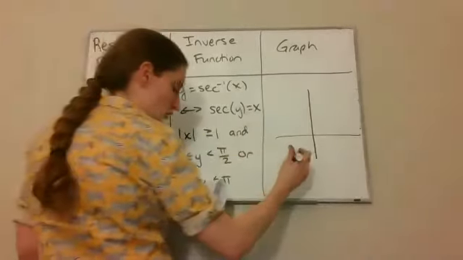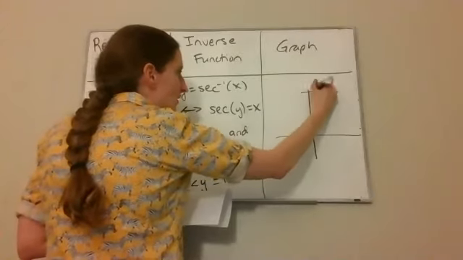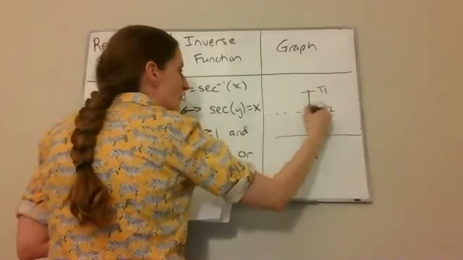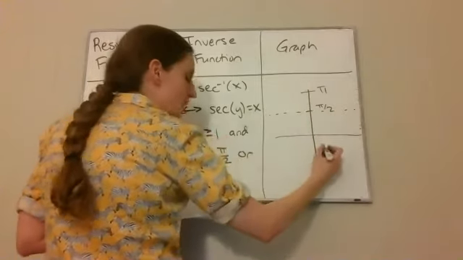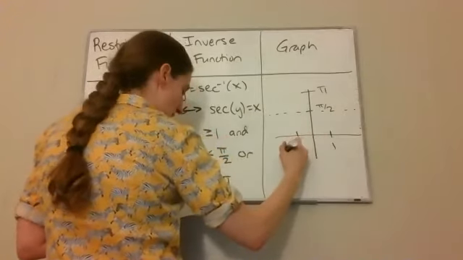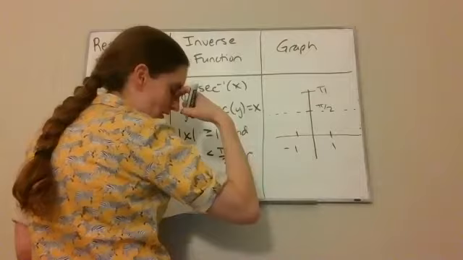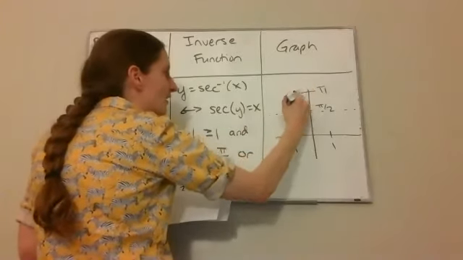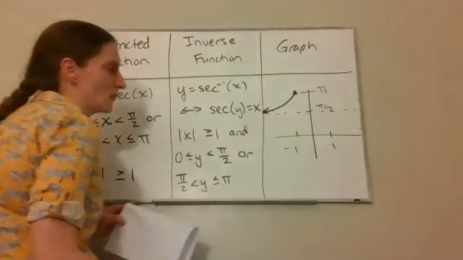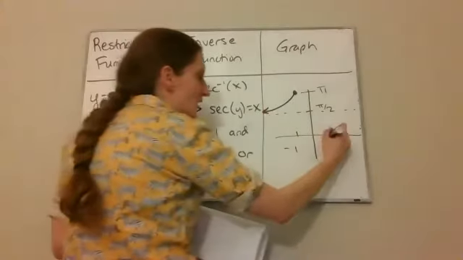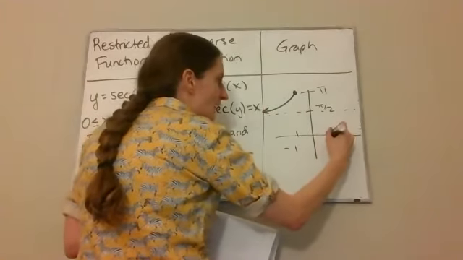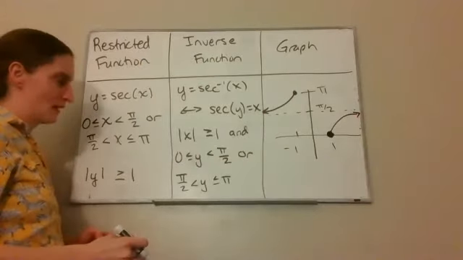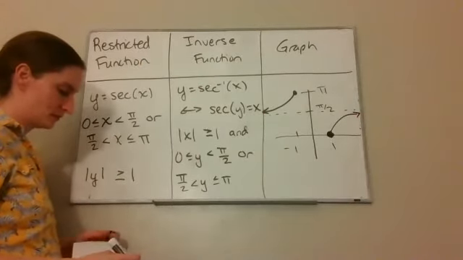It's a pretty strange looking graph. Here's pi, pi over 2, 1, -1. At -1, I have a point up here at pi, and I just flatten out to a horizontal asymptote. And down here at 1, I have a point at 0, and I go up to that horizontal asymptote. And that's my inverse secant graph.